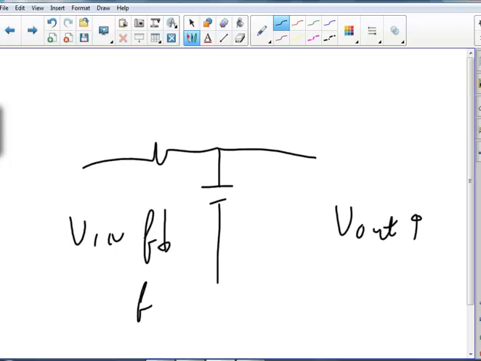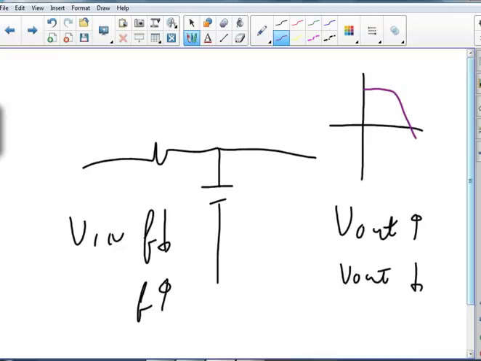When frequency is high, this becomes a short and my voltage out goes down. So if I look at the curve, it looks something like that. And we would call that a low pass filter.